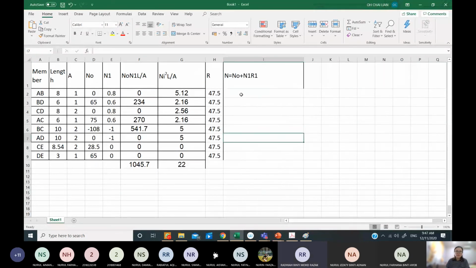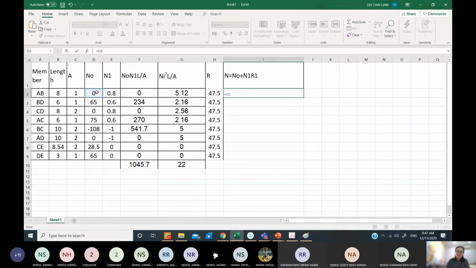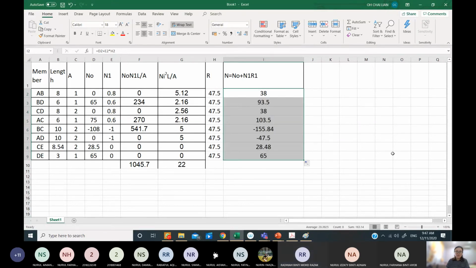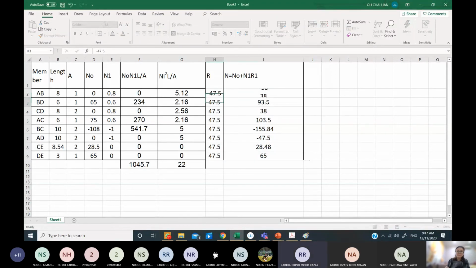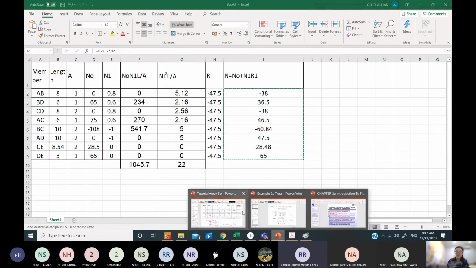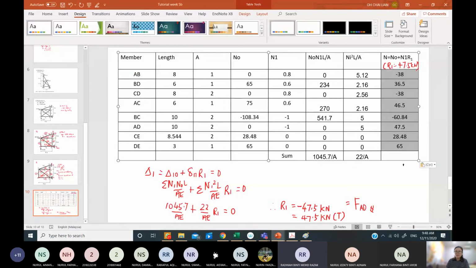So I will have plus N naught plus N1 multiply with my R1, and then I will put it down, and I shall have ED. Sorry, the R is negative. Okay, then this is correct. So now I go back and paste it in.